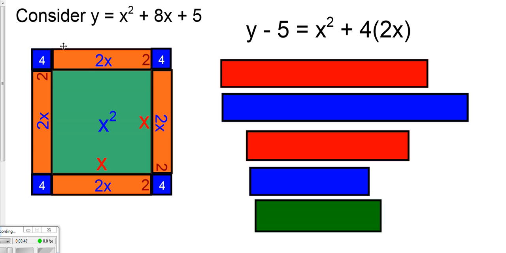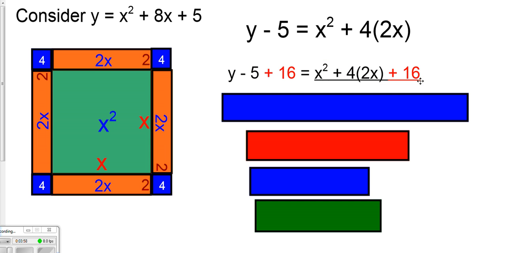Now, to complete this large square, I needed to add on 4, 4, 4, and 4. So really, I added on 16 to both sides. I subtracted the 5, and I added this 16 to both of them. Now we're going to simplify here.